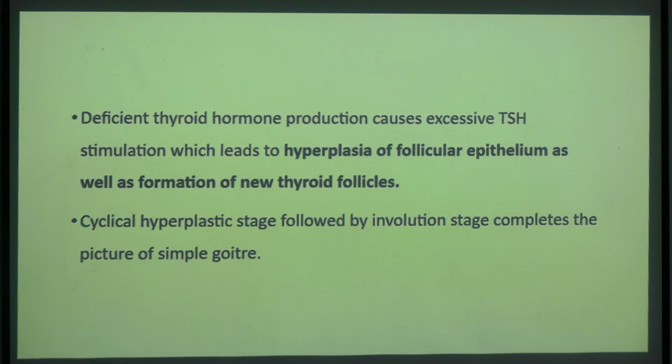Deficient thyroid hormone production causes excessive TSH stimulation, which leads to hyperplasia of follicular epithelium as well as formation of new thyroid follicles. Cyclical hyperplastic stage followed by involution stage completes the picture of simple goiter.